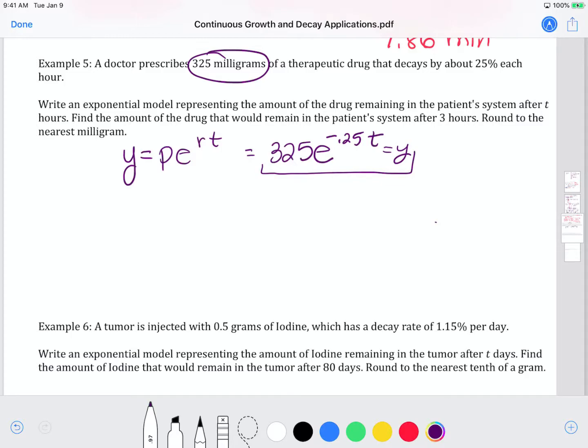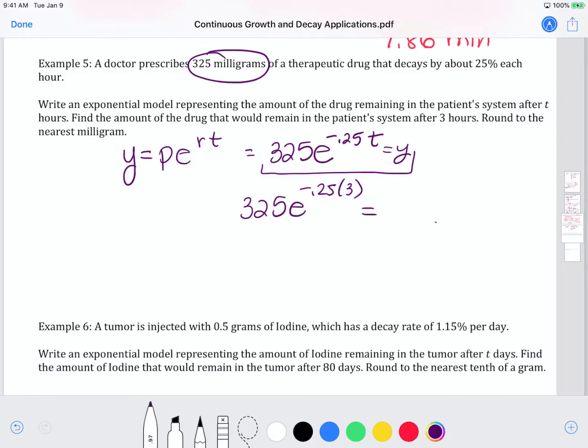So now that's our first part of the question, to find the model. And the second part says find the amount of drug that would remain in the patient's system after 3 hours. So now we've got to find what we get when we plug in 3. So this we'll put on the calculator. I'm going to do 325 times e to the power of negative 0.25 times 3.